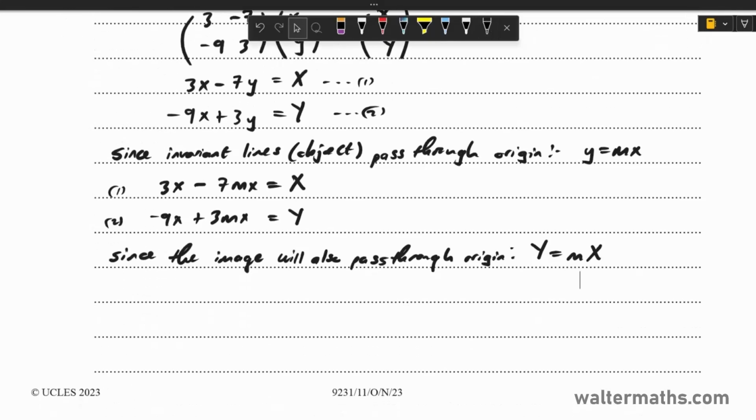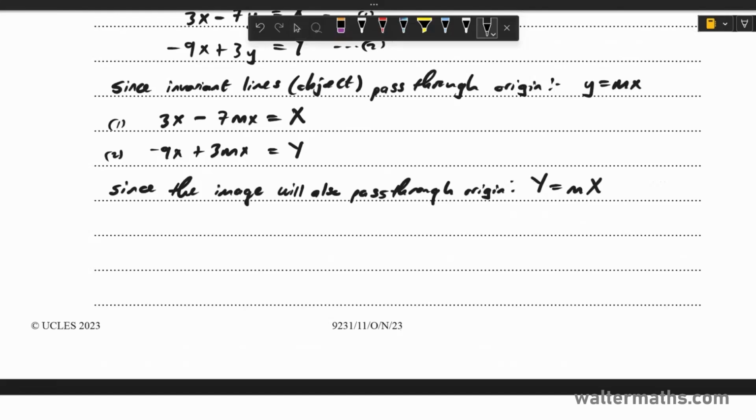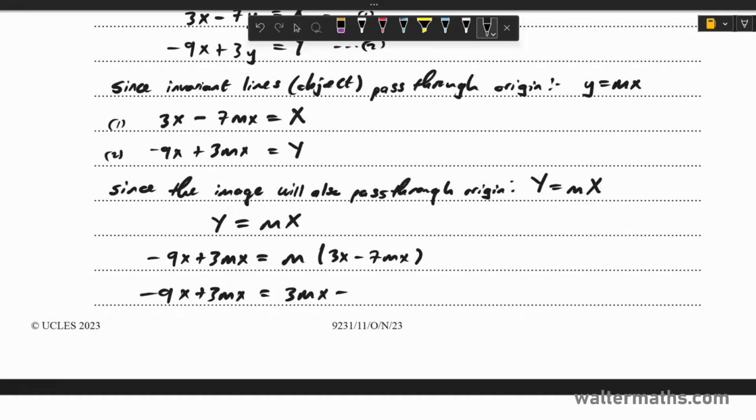So that being said, big Y, which is minus 9x plus 3mx, should be equal to m of big X, which is m times 3x minus 7mx. So minus 9x plus 3mx is equal to 3mx minus 7m squared x.